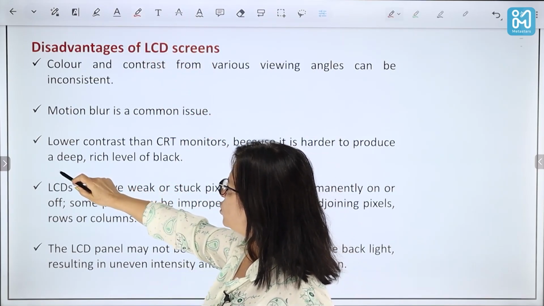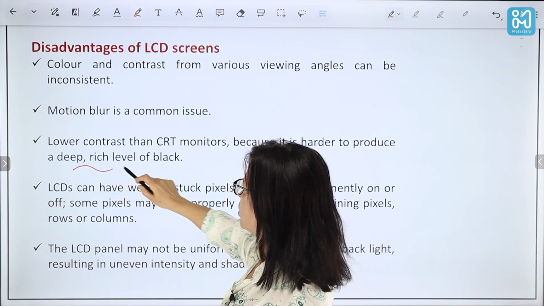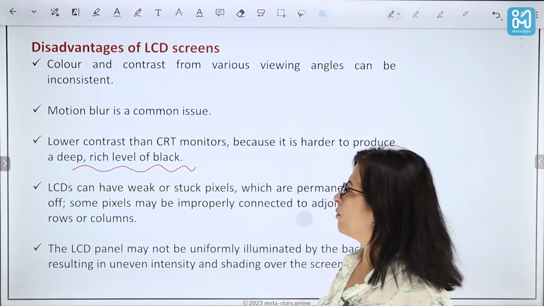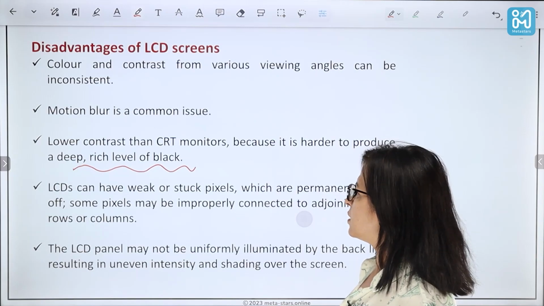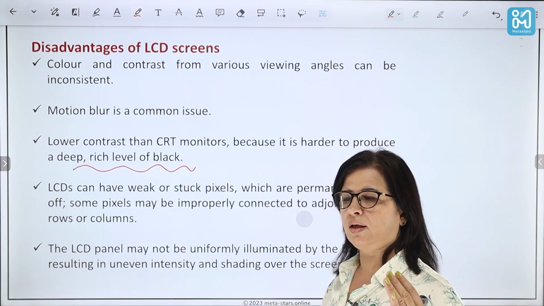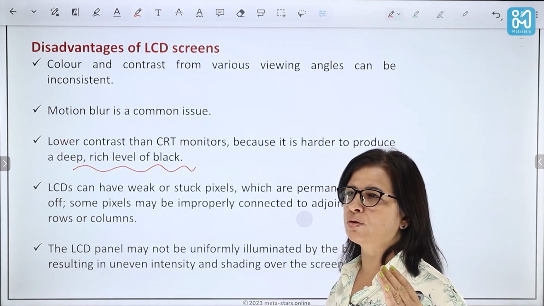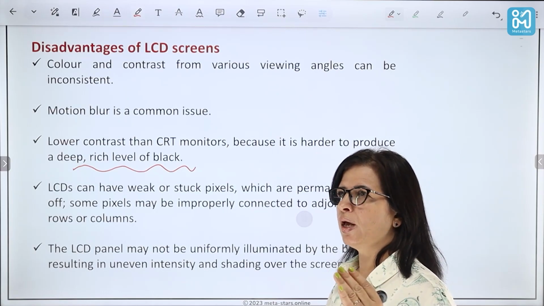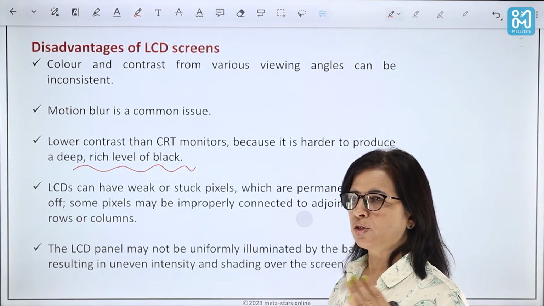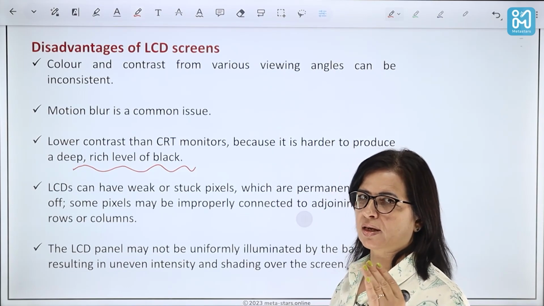Which means we can't produce a rich level of black with LED technology. It will be discussed later, because the backlight should be on all the time, it cannot be off, because if you want to produce other colors, the light should be on. So to produce black is very hard.